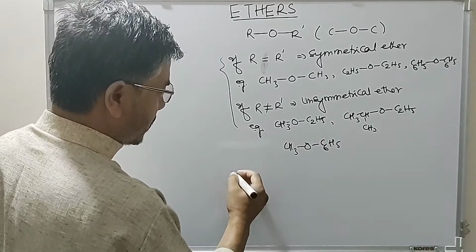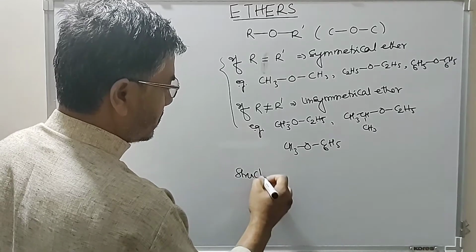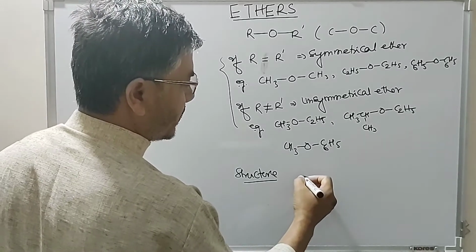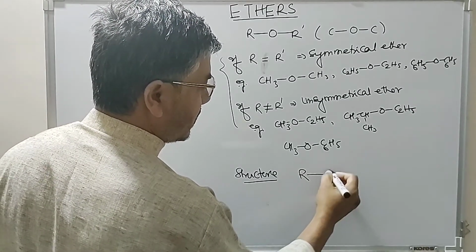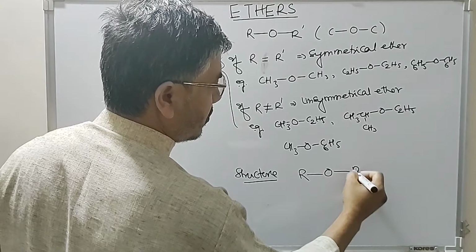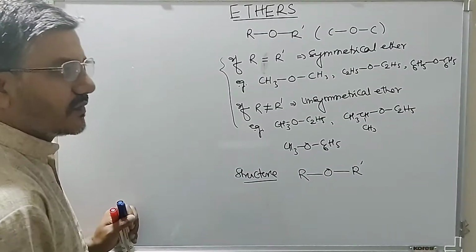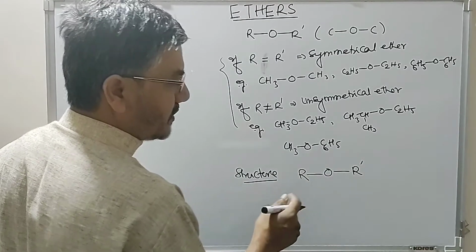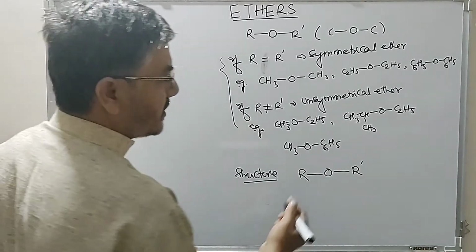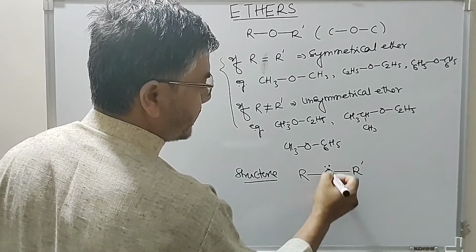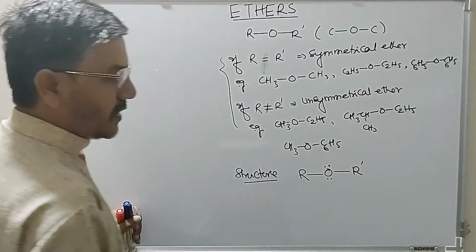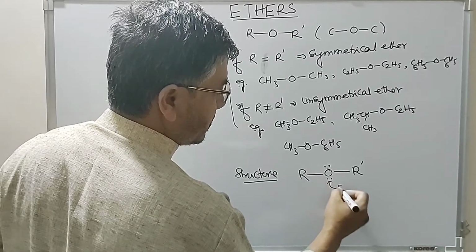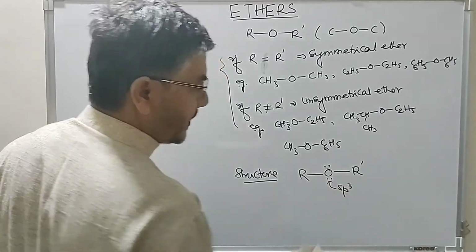Now coming to the general structure of ethers, we have R, O, R prime. The carbon of the alkyl group, that is R or R prime, is sp3 hybridized, and the central atom oxygen, through which the two alkyl groups are attached, is also sp3 hybridized.